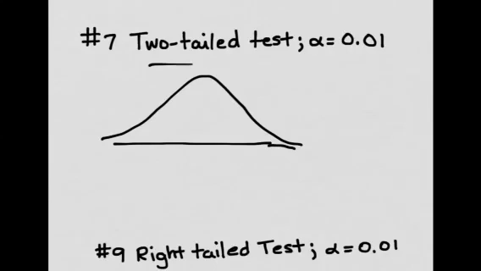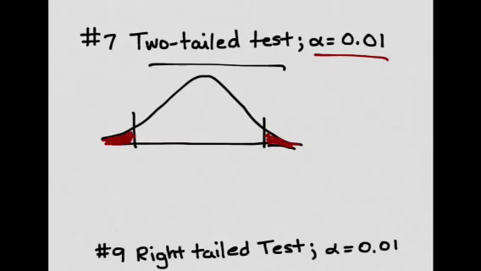And we're doing a two-tailed test. And what that tells me is that we're going to have area in both tails, both the left and right tails. This area in the tail is what we would refer to as the rejection region when we're using the classical method of doing a hypothesis test. So this area in the tail is alpha.